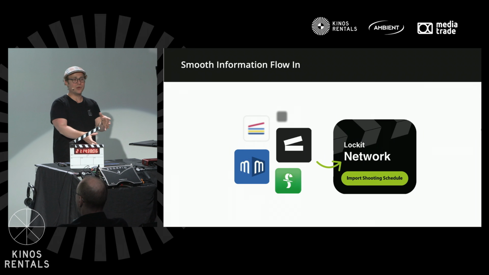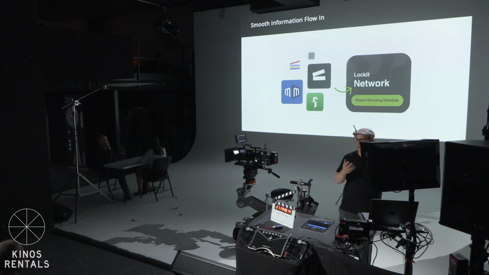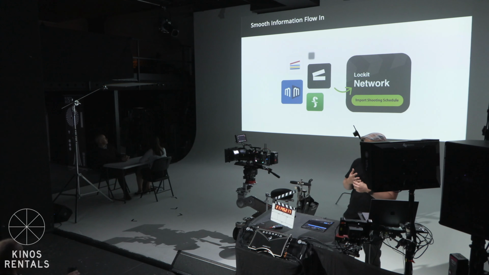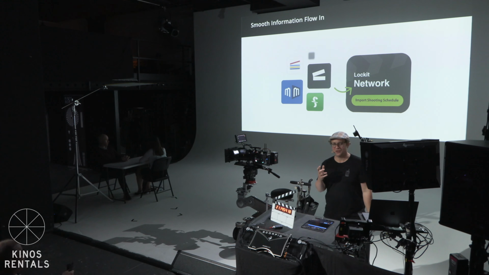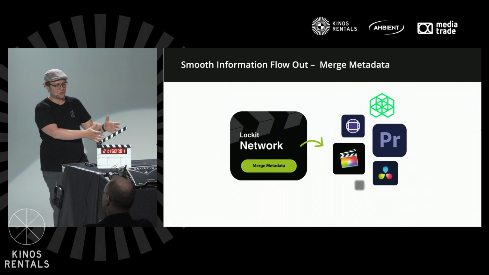We are able to import many pre-production tools so that you don't have to regain metadata. You just import stuff from Final Draft, from Movie Magic, or whatever pre-production tool you're using. You can also easily upload an Excel file. And at the end, we output all the metadata so that you can ingest it right into the editing tool, so that you don't have to print it and put it next to your computer and read it.